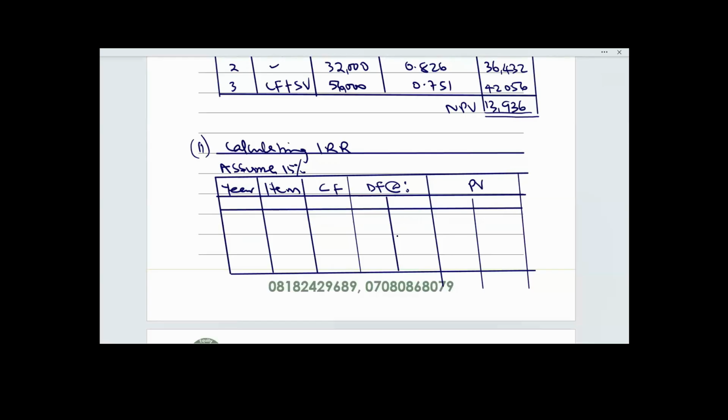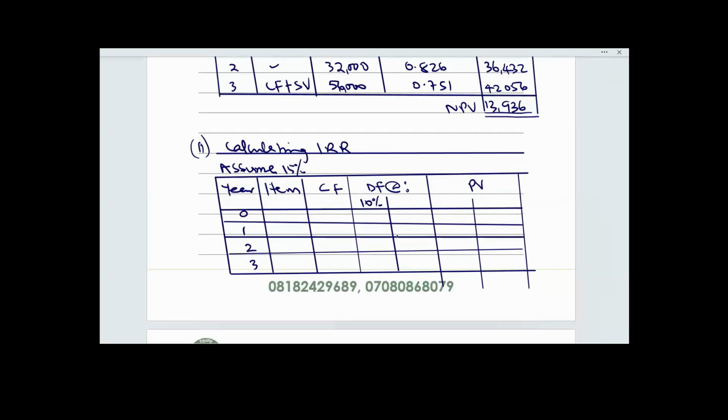That's too close. Year 1. That's manageable. All right. So this is at 10%. Year 0, 1, 2, 3.